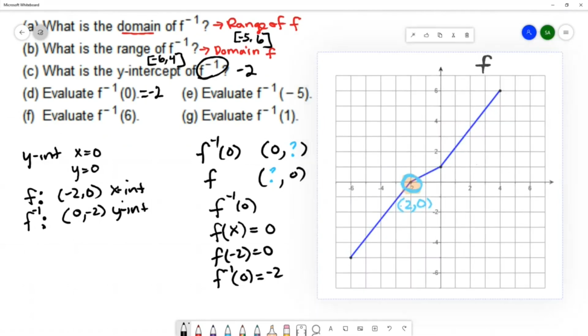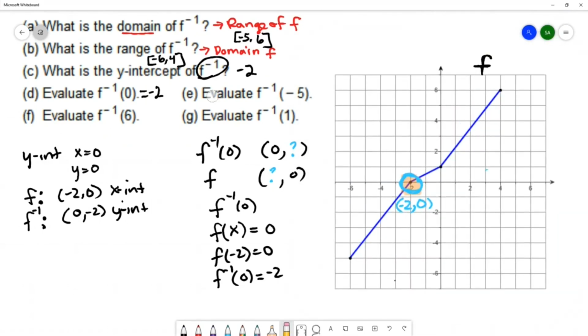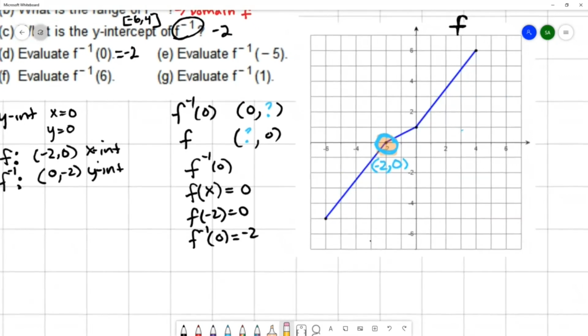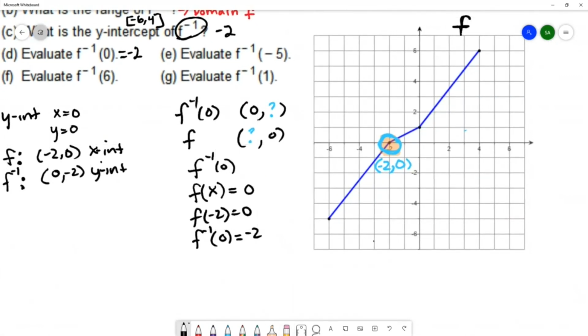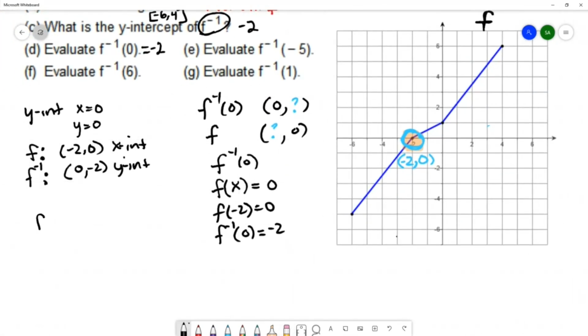So on the next one, we want to evaluate f inverse of negative 5. Okay, so let's do that over here. F inverse of negative 5. We're not sure what the answer is, but it's going to produce an ordered pair, negative 5 and something we don't know.